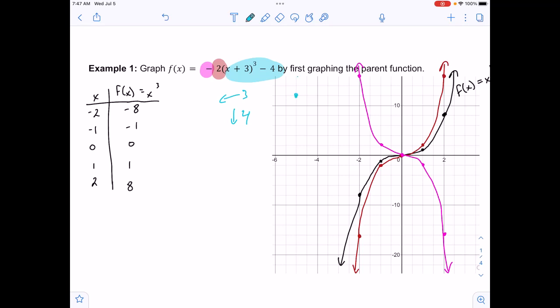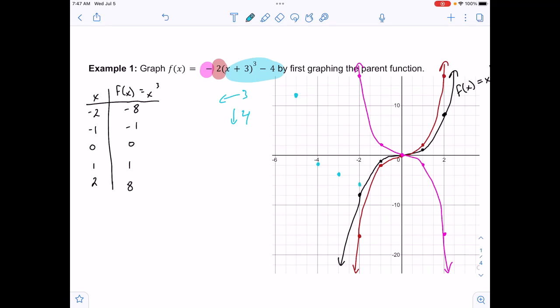Down by 4. Left by 3, 1, 2, 3. Down by 4. Left by 3, down by 4.